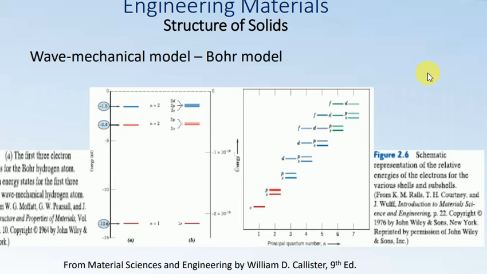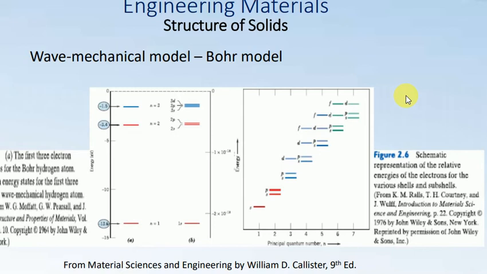You can see a number of things we can determine from this figure 2.6: the first orbit one state, that is S, second orbit two states SP, third orbit three states SPD, fourth orbit four states SPDF.